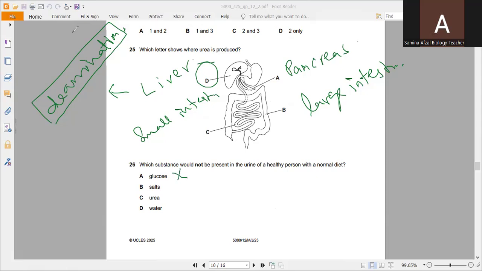Glucose will be present in the urine of persons who are suffering with diabetes. So A is the correct option. Salt, urea, and water are not the correct options because in healthy persons, the extra glucose is absorbed into the body as a result of insulin, and it is changed into glycogen.